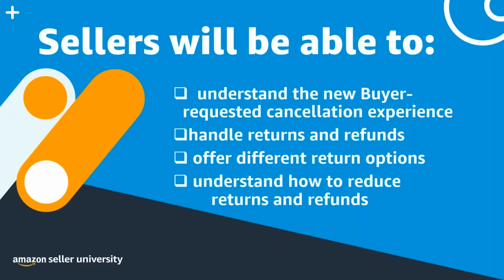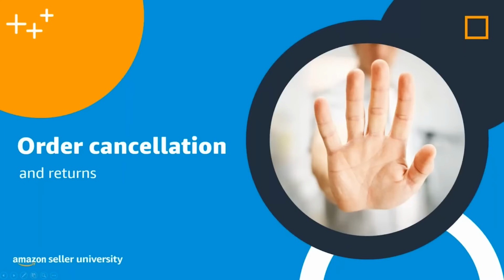If you are an FBA seller, this will be good insight into FBM, fulfilled by merchant, but it'll be a little less useful. We'll also explore how to issue a return and a refund, the different return types, and offer tips for reducing returns. Let me start with the order cancellations.